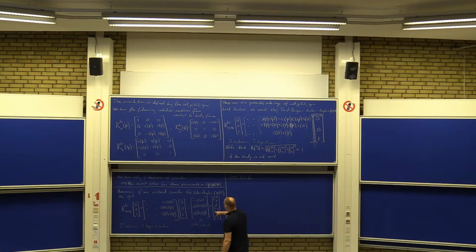So if we now take this divided by that, then we will get f_y^b divided by f_z^b. So f_y^b will be this, cosine theta sine phi divided by cosine theta cosine phi.